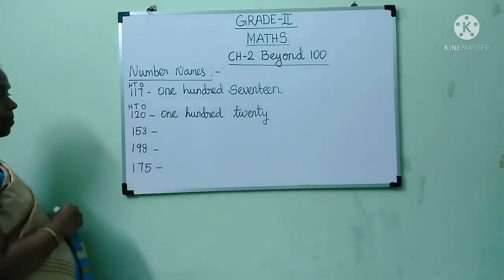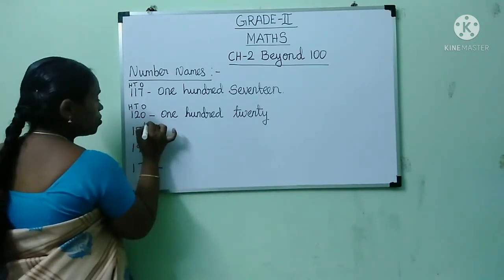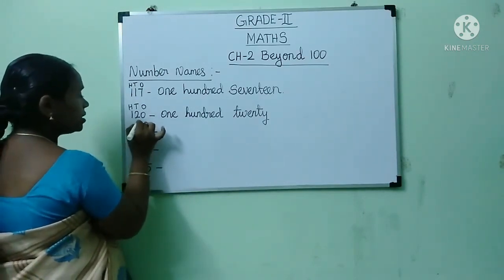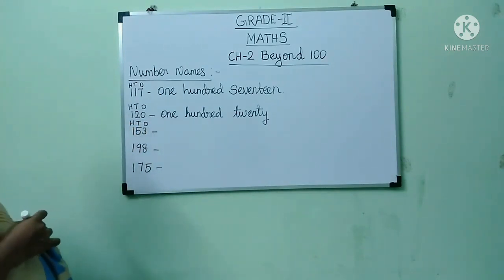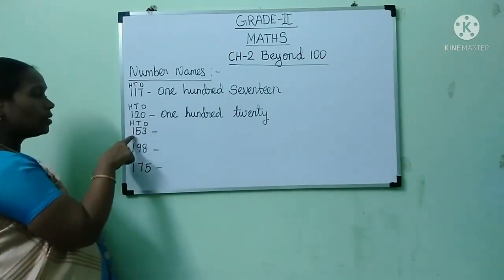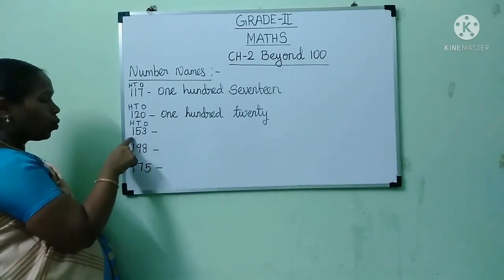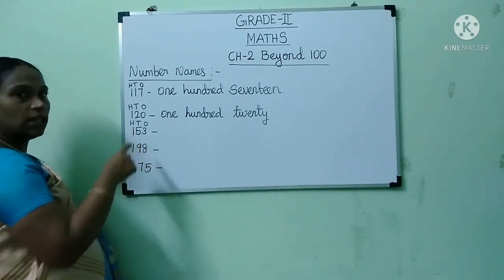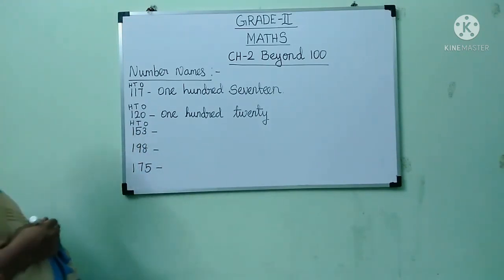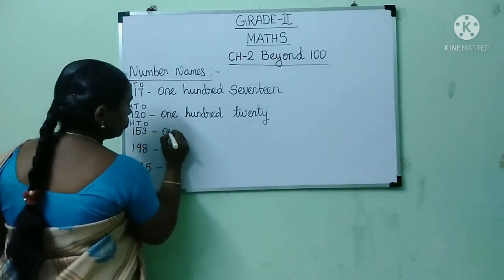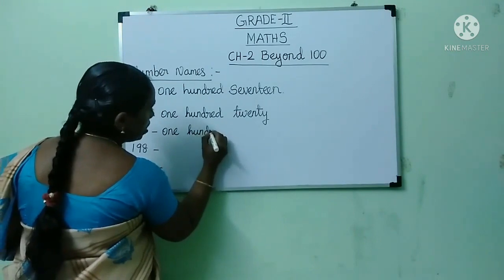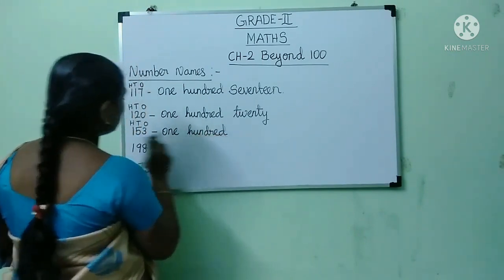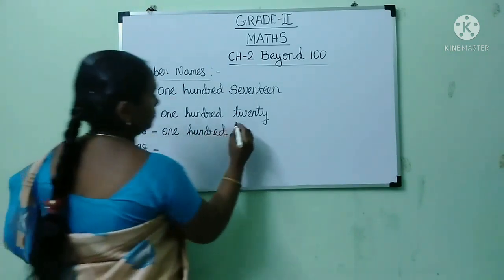Okay. The third number: 3 is the ones place, 5 is the tens place, 1 is the hundreds place. How to read this number? 153. So how to write this number name? O-N-E, 100. H-U-N-D-R-E-D, hundred.